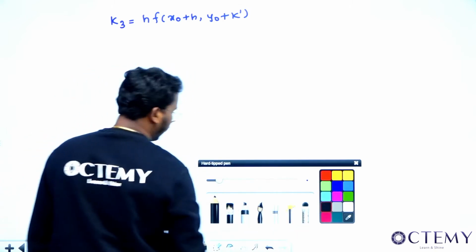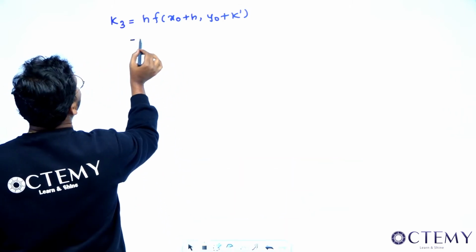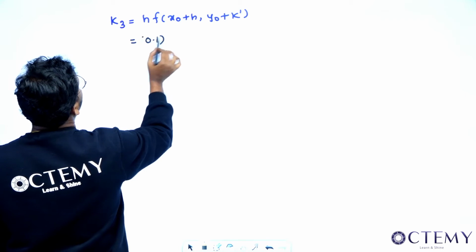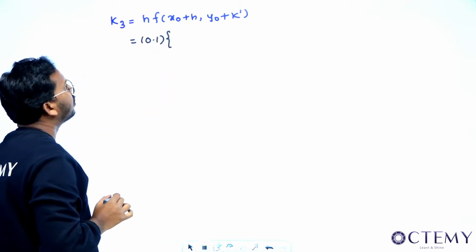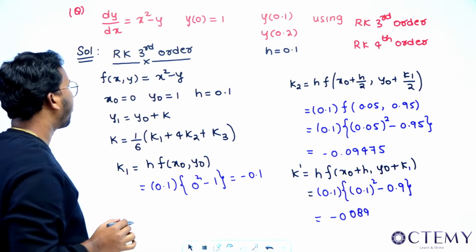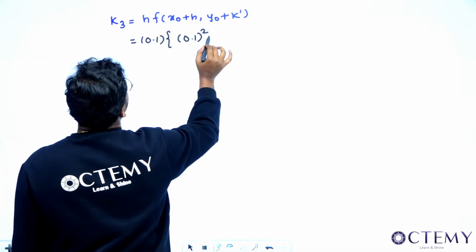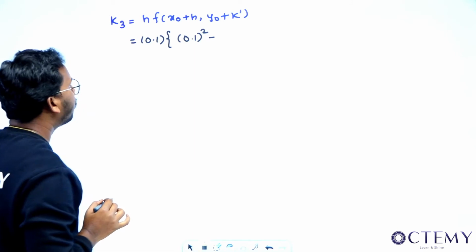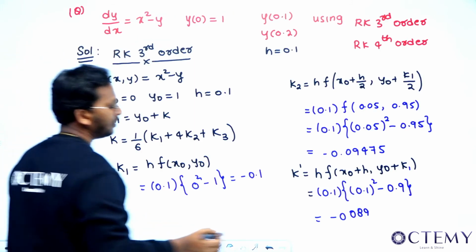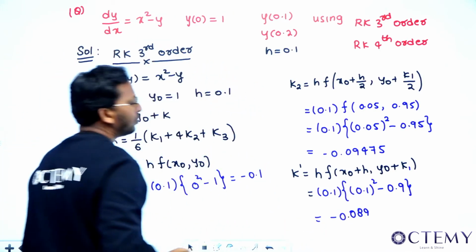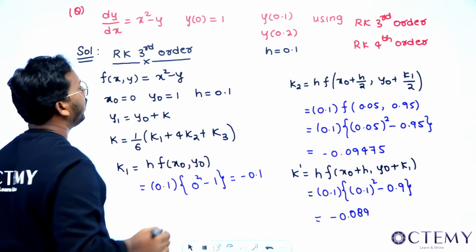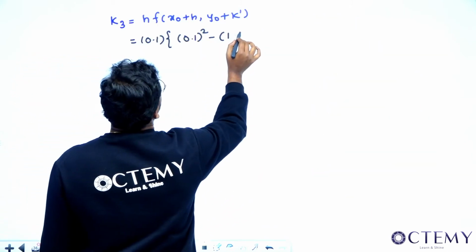So, if we substitute, this will become 0.1 into, what is your x naught? 0. H is 0.1. So this will be 0.1 square minus, what is y naught, sir? 1, and K dash is this, 0.089. So that will be 1 minus 0.089.